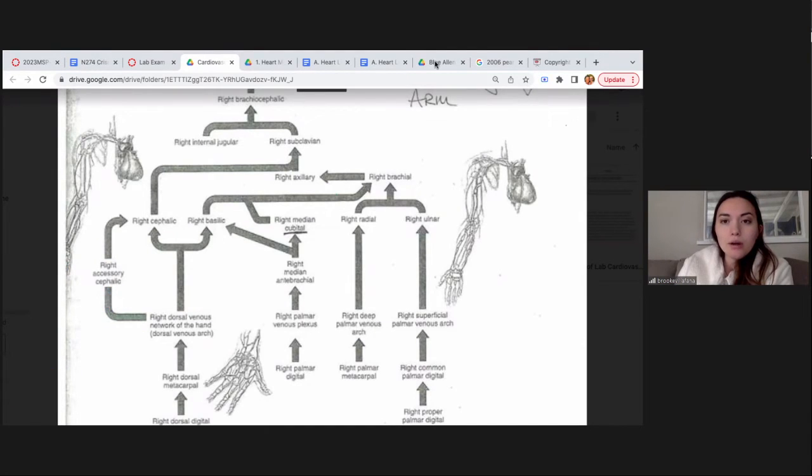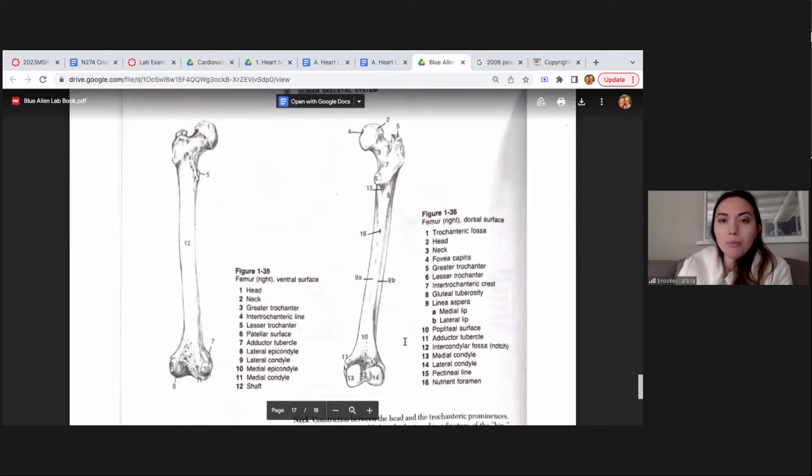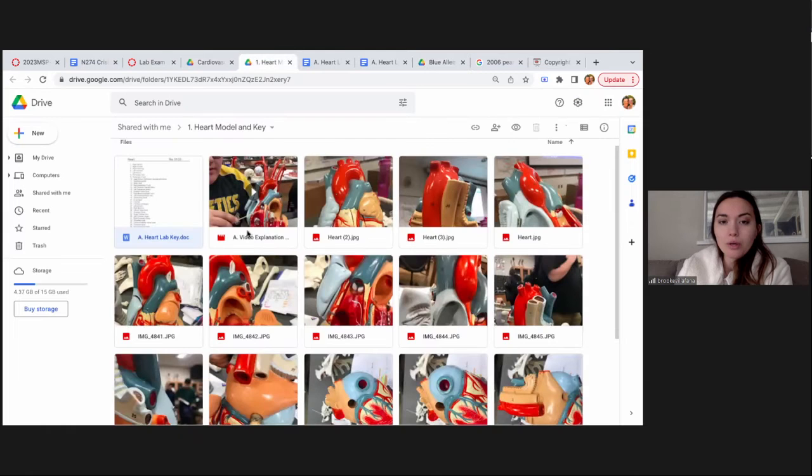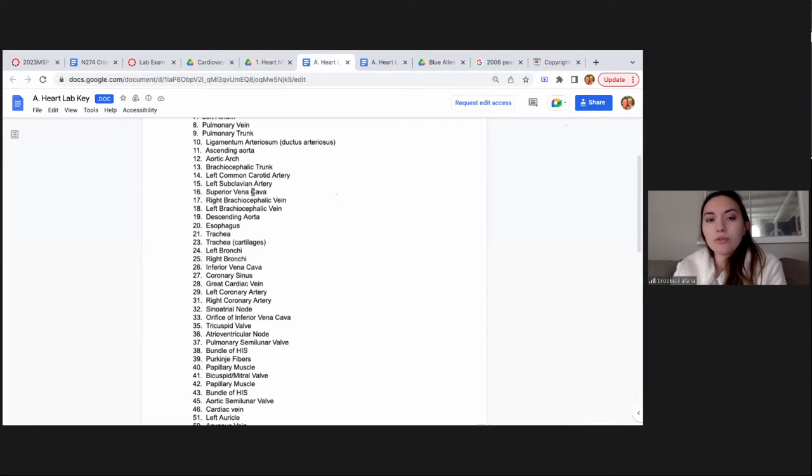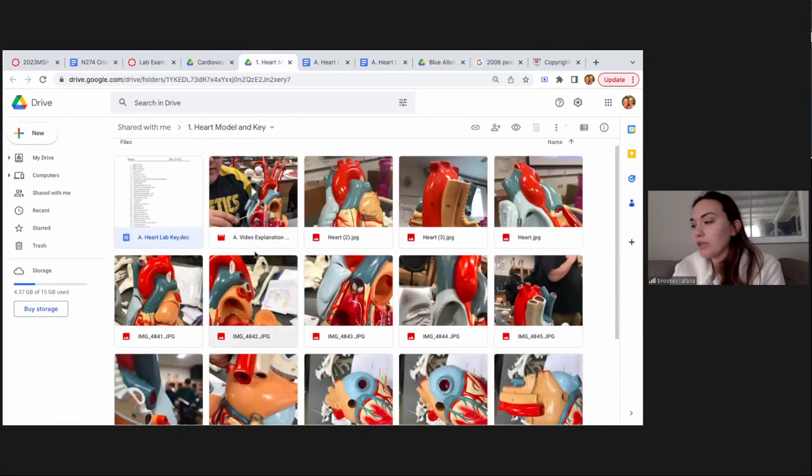So again, our main content is our bones. We also are going to have our models just like before, but this time you have a list for each model. You don't need to know functions unless there's a very specific one. And we have videos for the models for you guys.